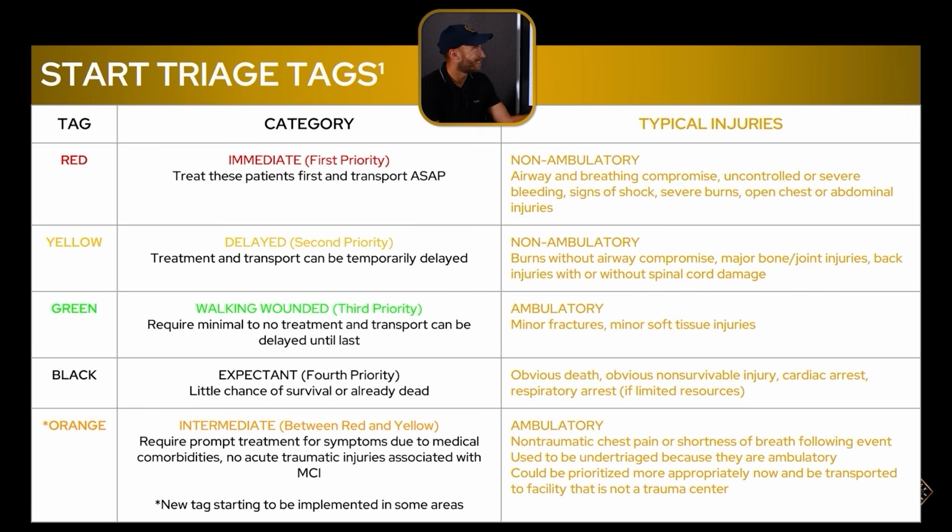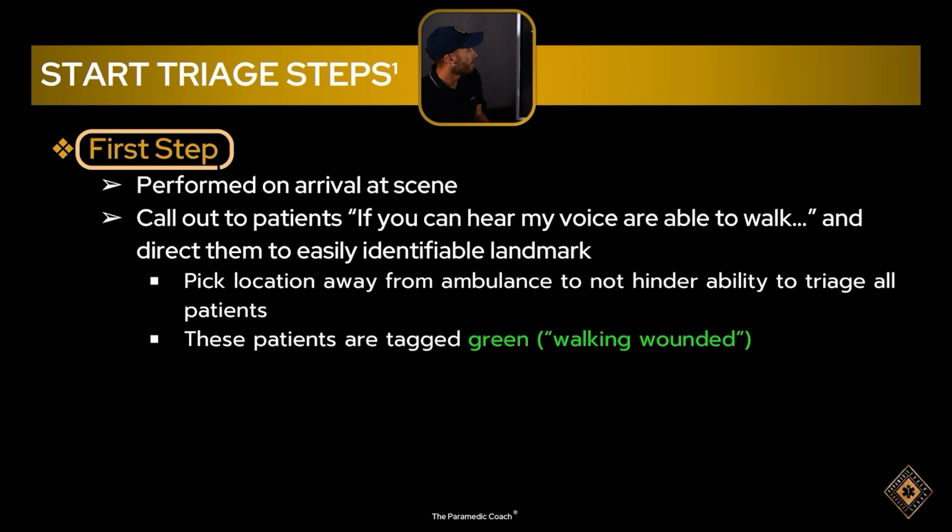So this is what this system does. It allows us to save the most amount of people possible. Does that make sense? And put our resources to the most needed. Now it can sound cold, but it's true. And you should understand that getting into EMS. I understand you're about to be a paramedic. I get it. But just to be clear. Make sense? Okay, good.